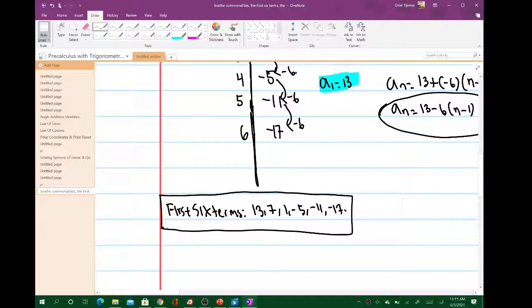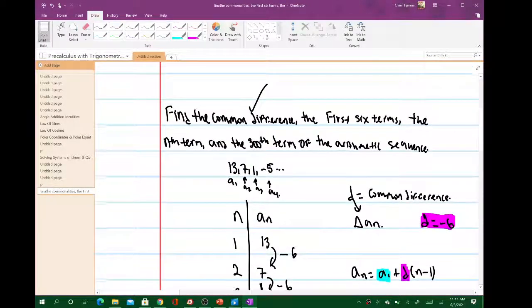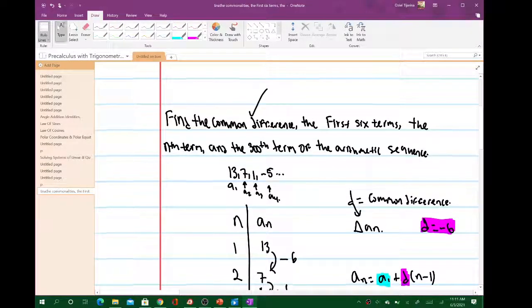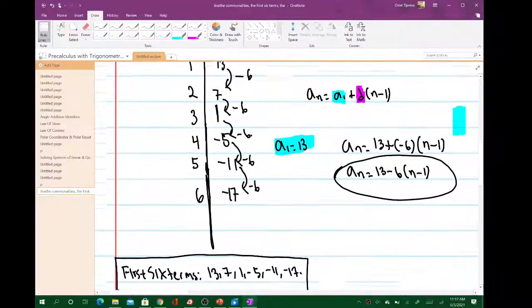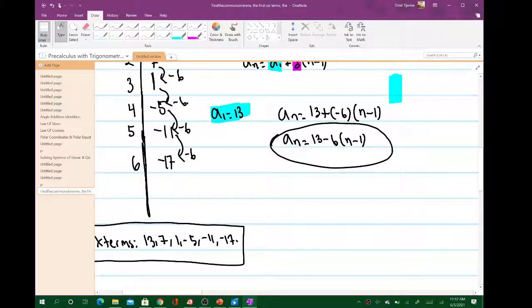Okay. Now we already have the first 6 terms, and now it wants us to find the nth term. What they're trying to say with this is that it's just the formula, really.